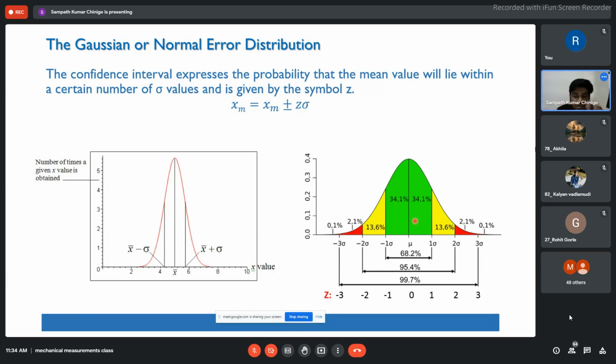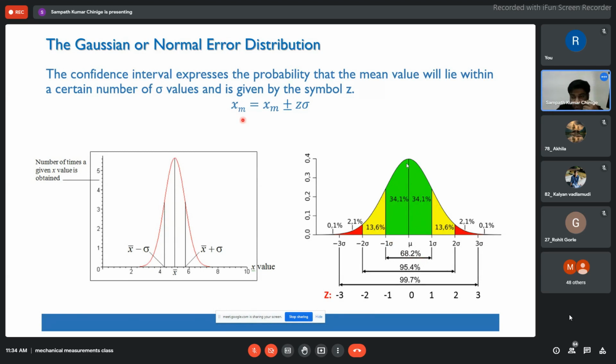So what people have tried is, from these values, based on sigma values, based on your standard deviation, they are trying to find out the percentage confidence interval. They have defined it for 1 sigma, 2 sigma, 3 sigma.